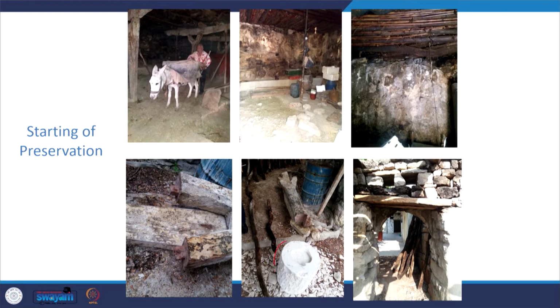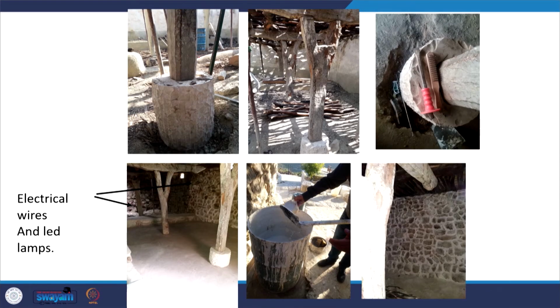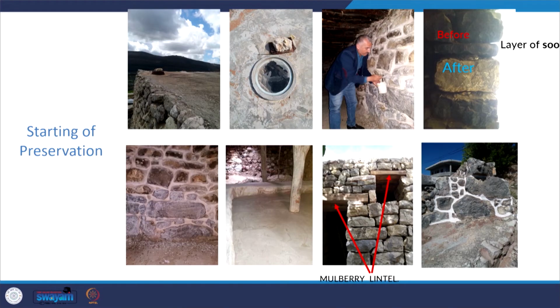And they created certain temporary supports for the wooden posts which were supporting the roof. So they created these support systems, and they also did a treatment for these, because the soot had covered and almost turned this whole stone wall black.